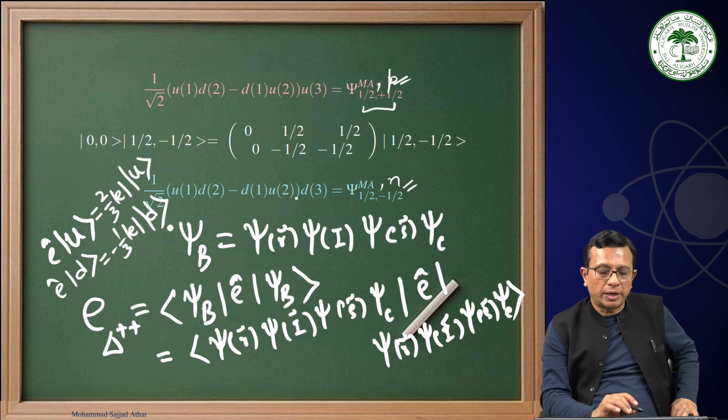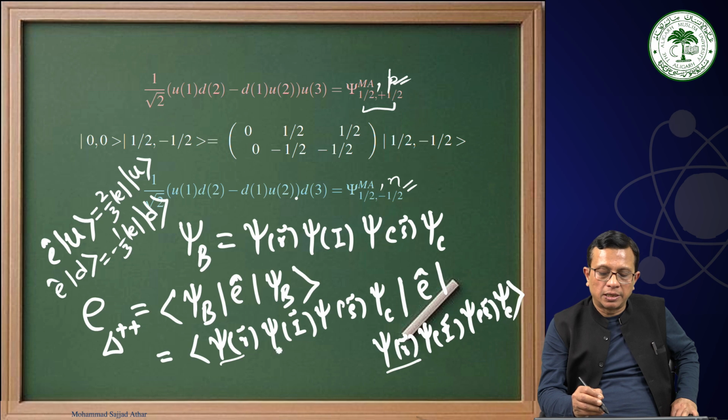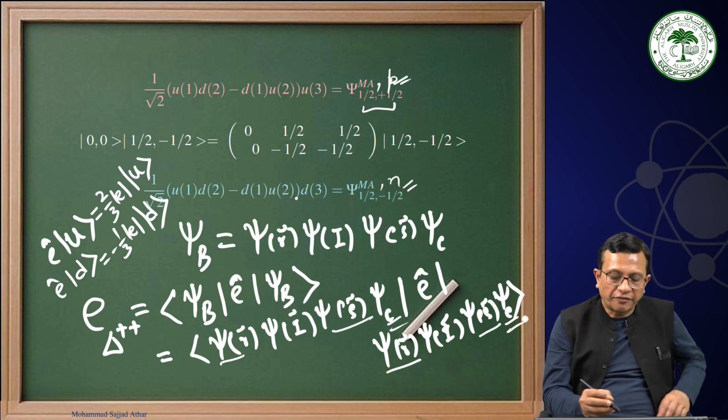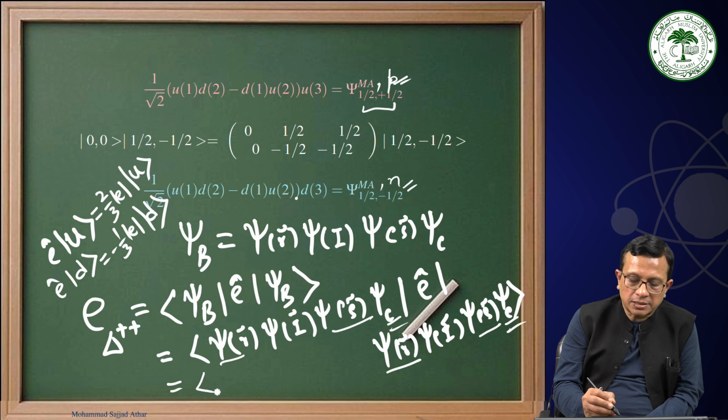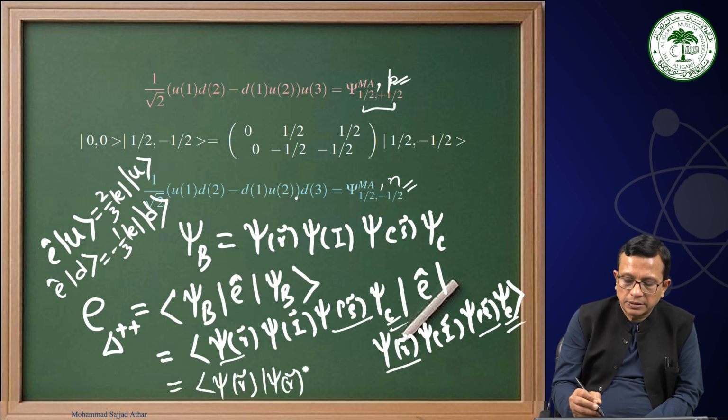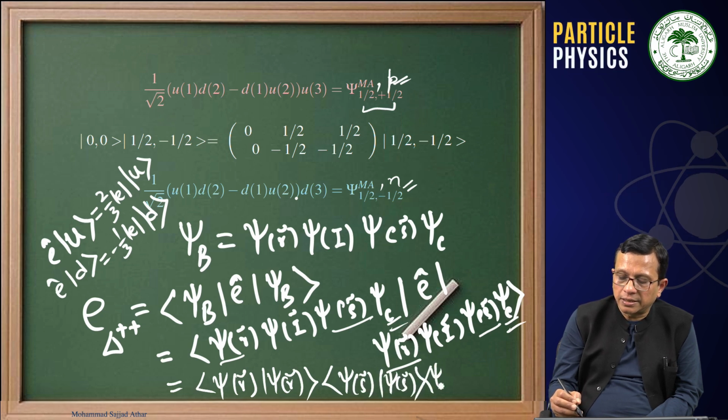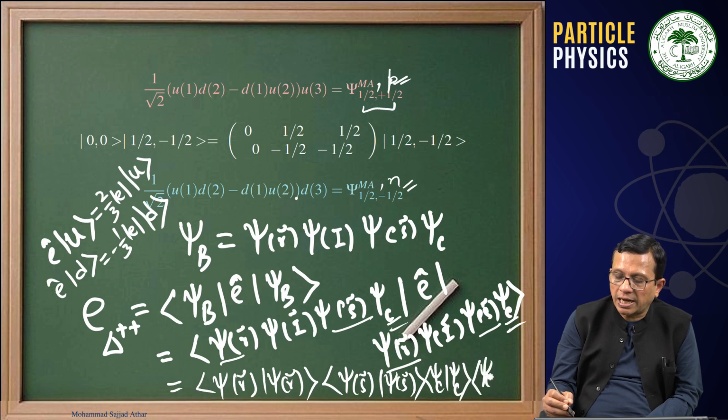Therefore, the important point is that this charge operator has nothing to do with the space, spin, or color parts. Therefore, we will write it as psi r, psi s, psi color, and then for the psi isotopic spin, the charge operator acts on psi isotopic spin.